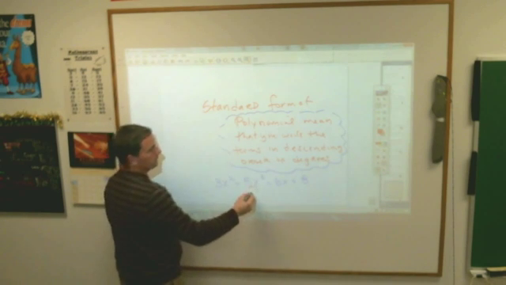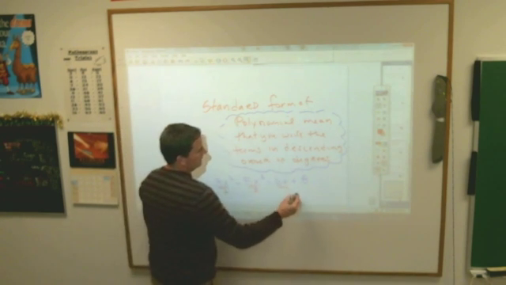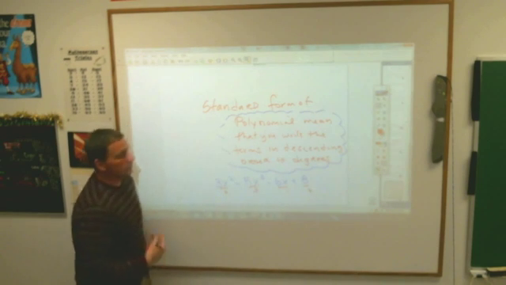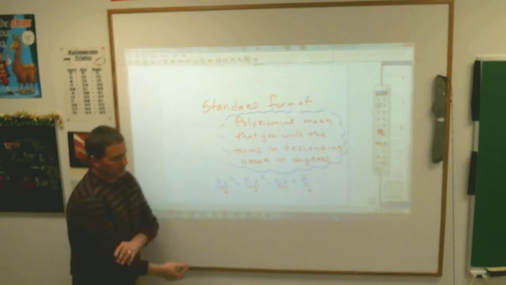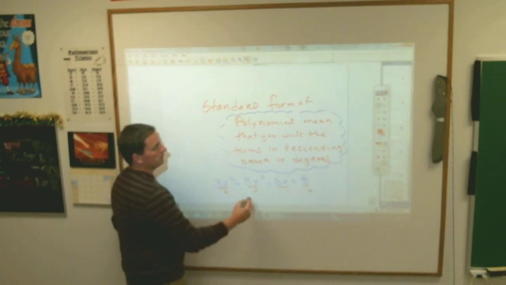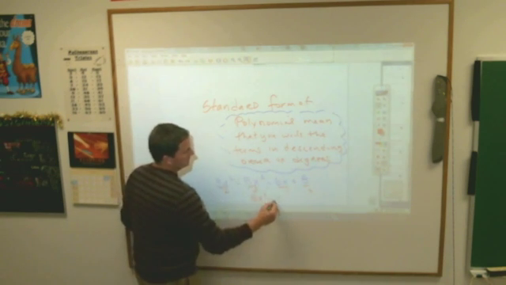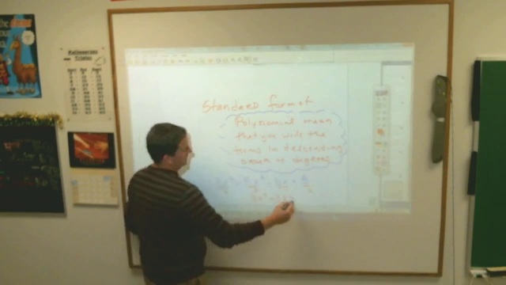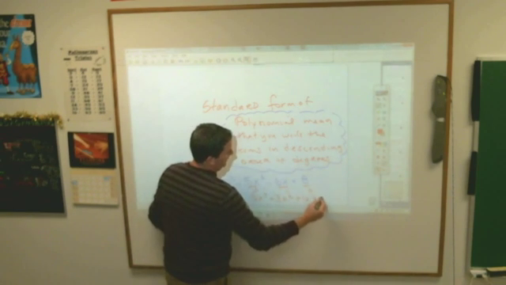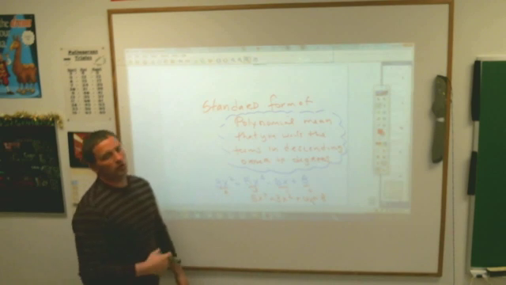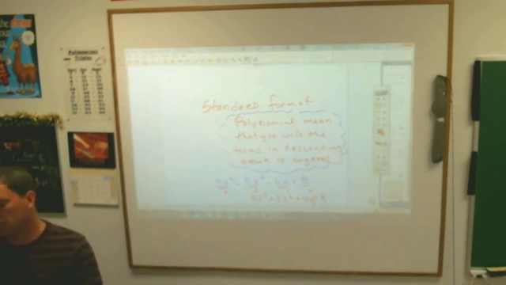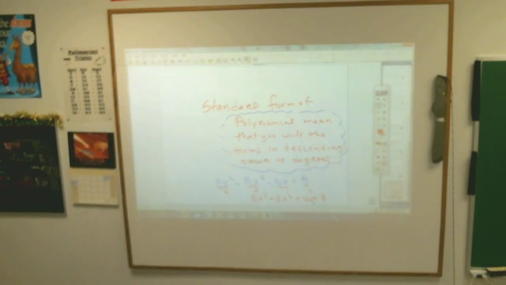So if this is a third degree, second degree, first degree, 0 degree, it's just commonplace to put the 5x cubed first, followed by the 3x squared, and then the 6x, and then the 8. More or less so that it's not as confusing, because when you've got 5 or 6 terms, you want to be able to put them in order, so when I read them, you're not trying to see if you have that term.